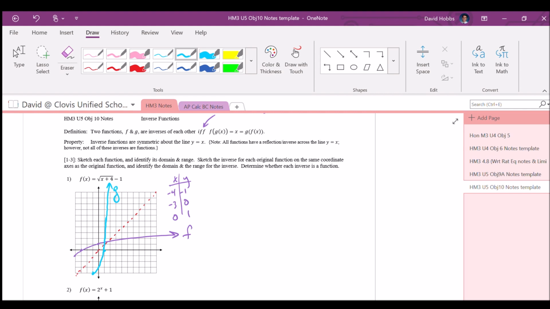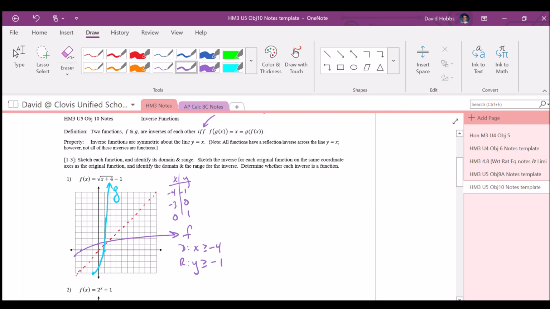Okay, let's see, what else are we supposed to be doing here? We're supposed to be doing the domain and range for the function. Okay, so the domain is obviously x greater than or equal to -4, and the range is y greater than or equal to -1.